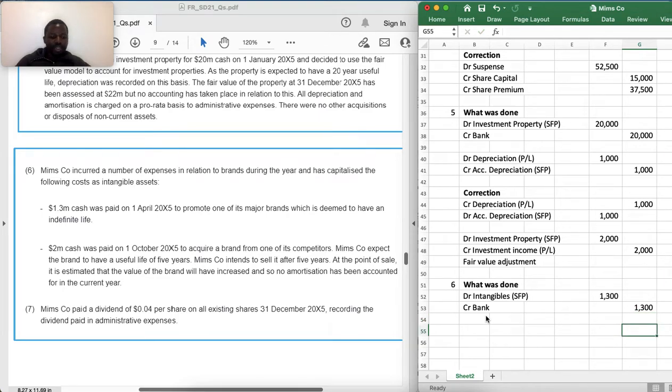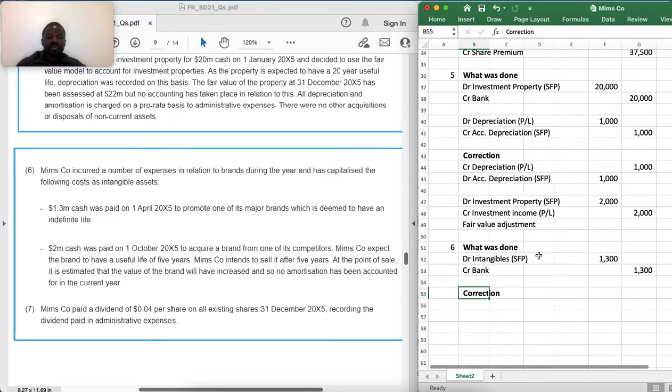But this was wrong, because the promotion is not a capital expenditure, rather it is a revenue expenditure. It's promotion. So here we have to reverse this intangible asset.